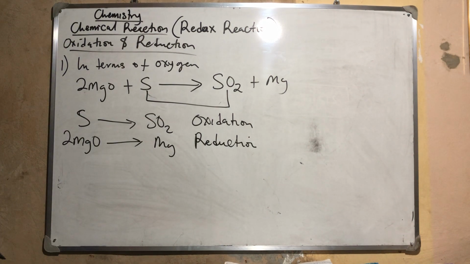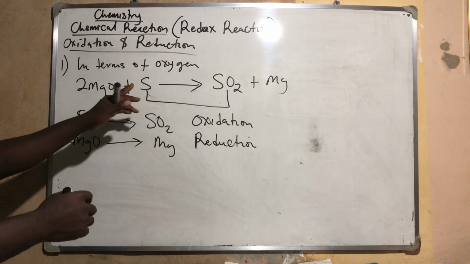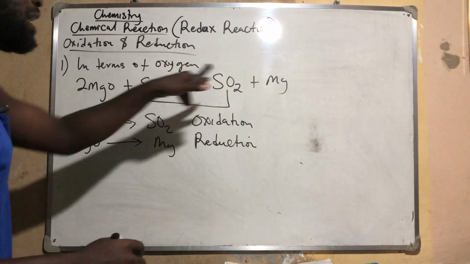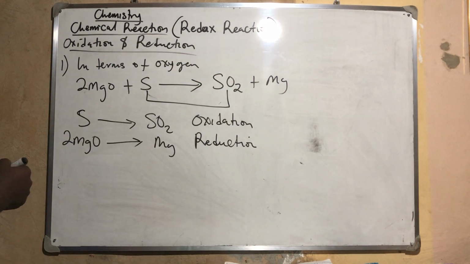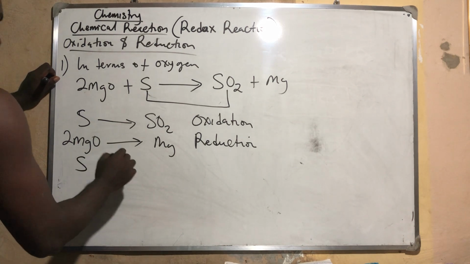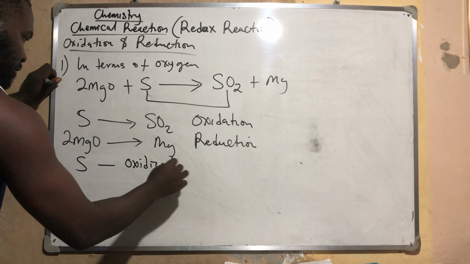Now, the next thing we look at is oxidized species. You will see that S was the one that oxidized. Oxidized means addition of oxygen. So S is called the oxidized species.